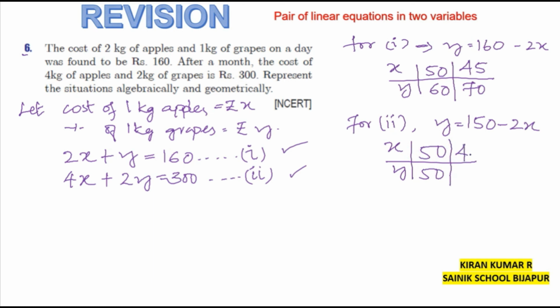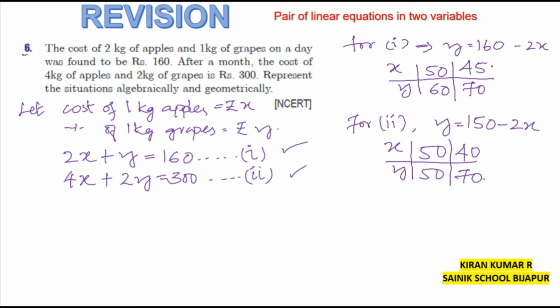When x value is 40, the value of y is 70. This is a peculiar type of graph because both the equations have coefficients like a1 by a2 equal to b1 by b2, which is not equal to c1 by c2. So the lines will be parallel to each other.